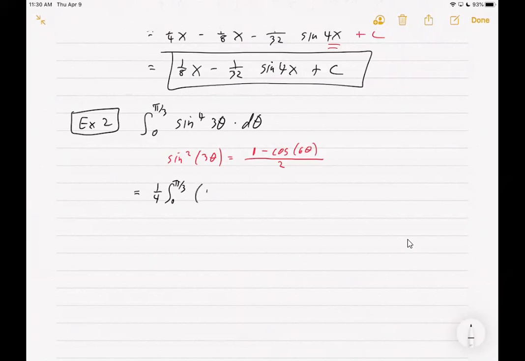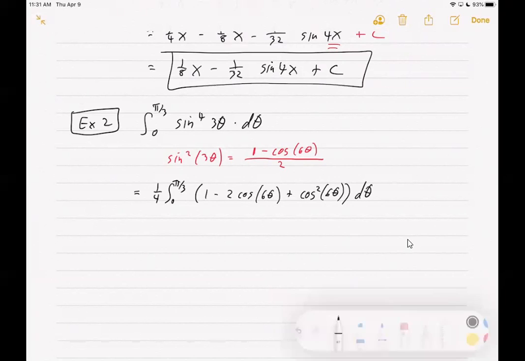So we end up with 1 minus double the middle term, 2 cosine of 6 theta, plus cosine squared of 6 theta. This time, before I start breaking this up, let me just rewrite. So this is another way to do it. Let's just rewrite the whole thing. So now we have a cosine squared of 6 theta.